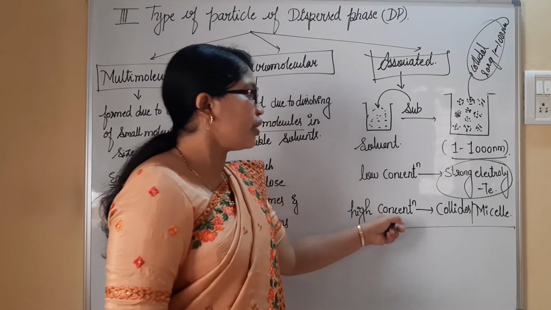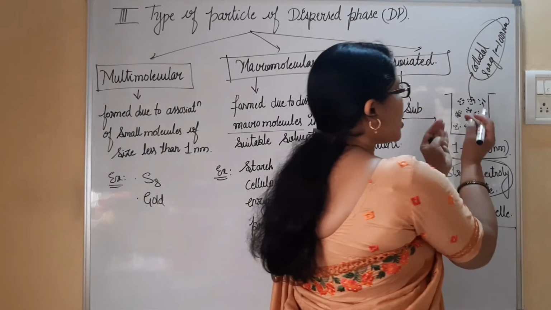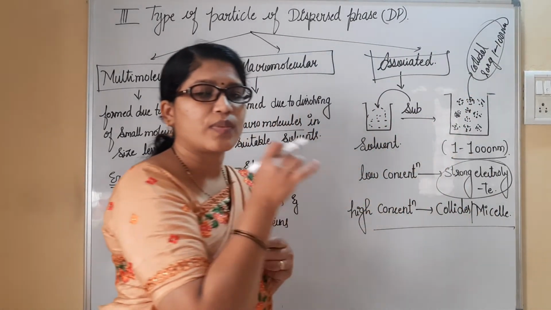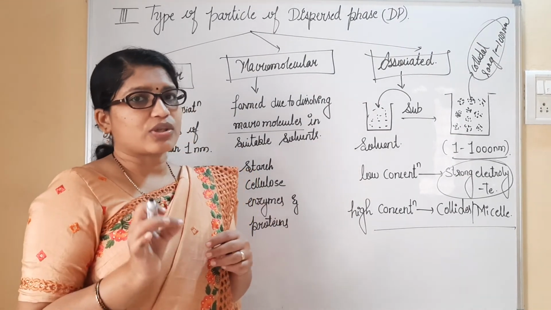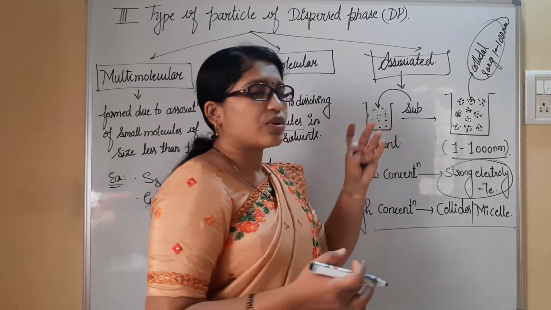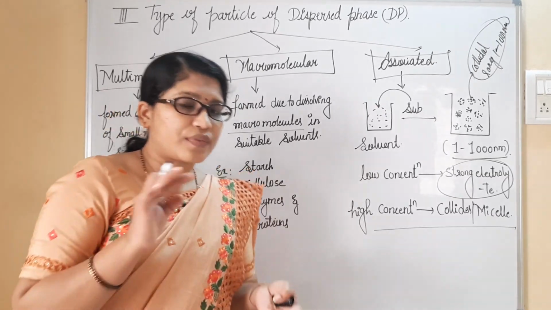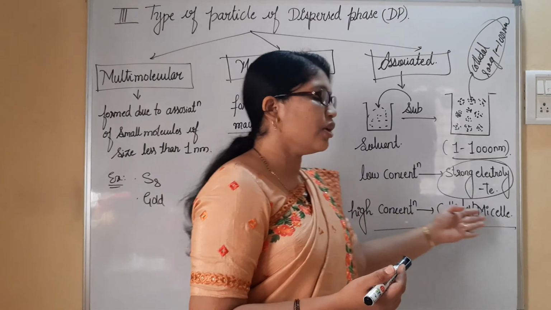At higher concentration, that is when the substance is added in excess, the association of small atoms together will form a molecule having a range of 1 to 1000 nanometer. So it is called a colloid or a micelle. But in lower concentration, this will just act as a strong electrolyte. After adding a suitable substance, it will act particularly as a colloid.